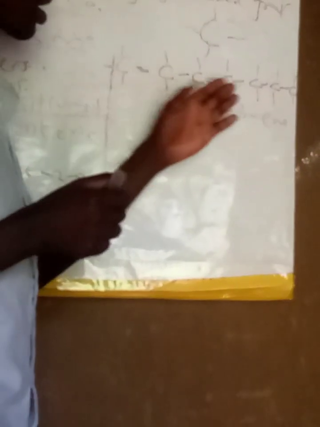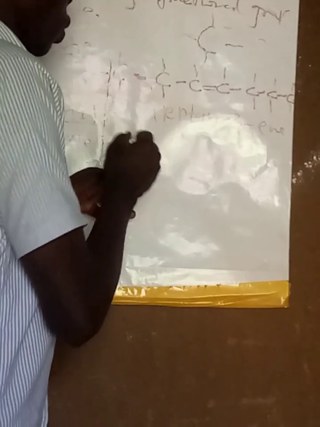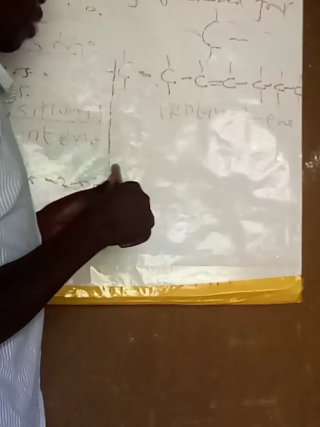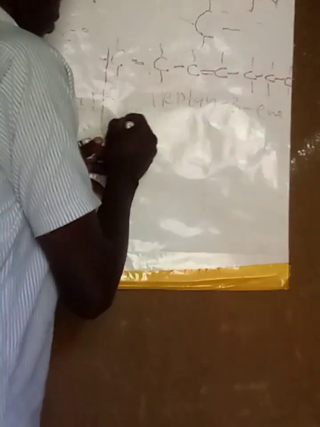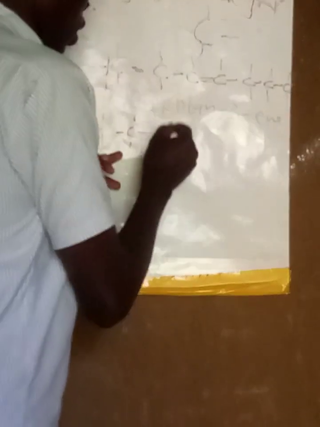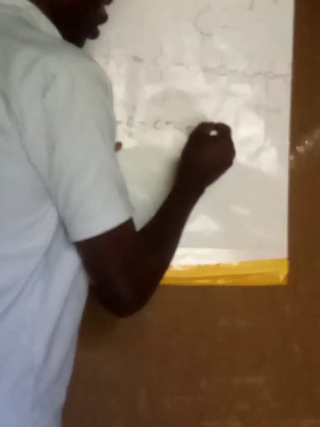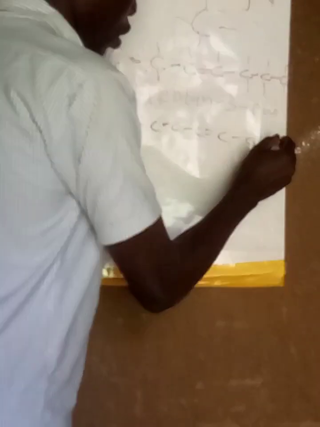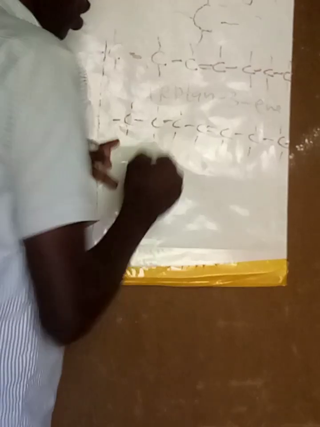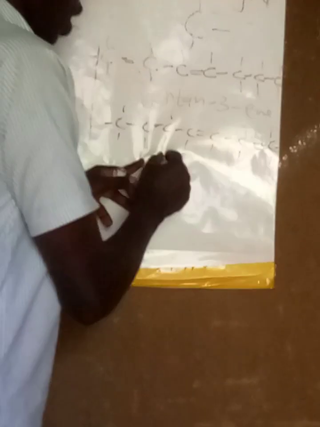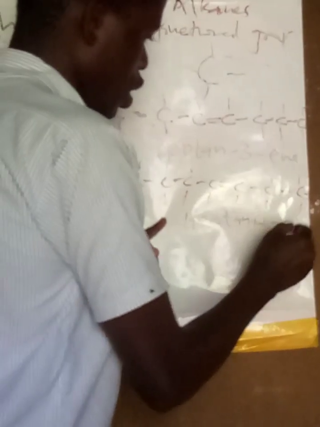For example, when I put the double bond there, the double bond is shifted from number 3 up to number 4. For example, this one, 1, 2, 3, 4. It will be hept-4-ene.